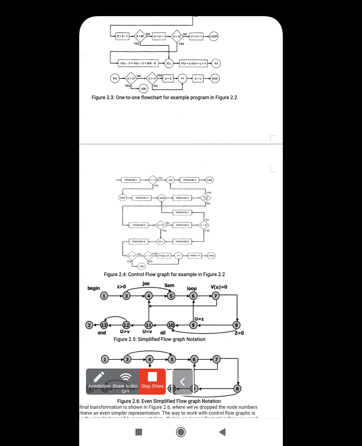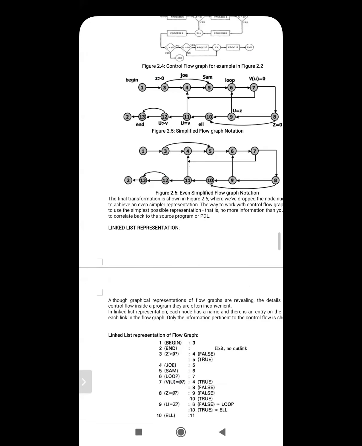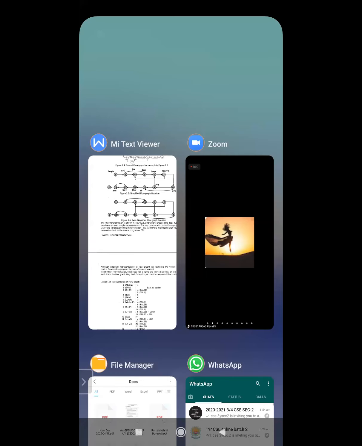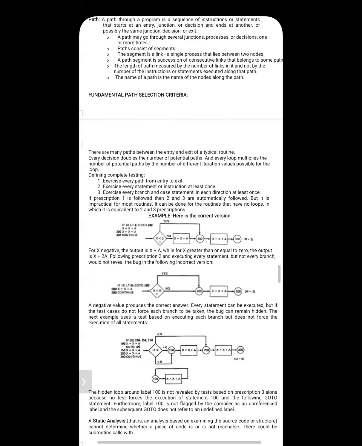Next, in this only we will represent. Oh, wait for a minute. Okay, linked list representation. Next one, graph and path criteria. Next, path testing criteria.